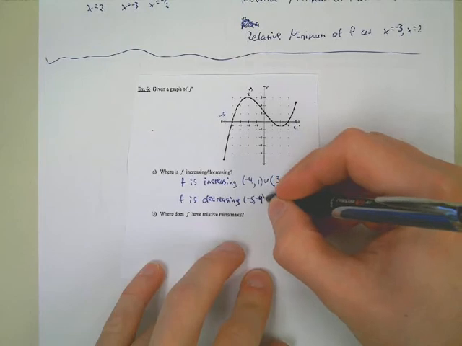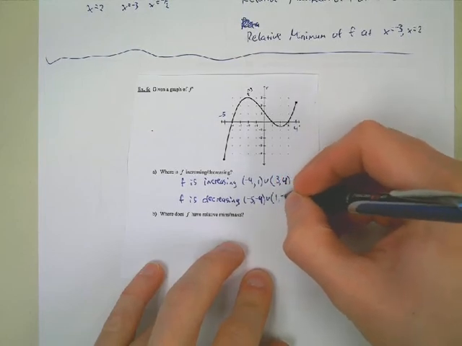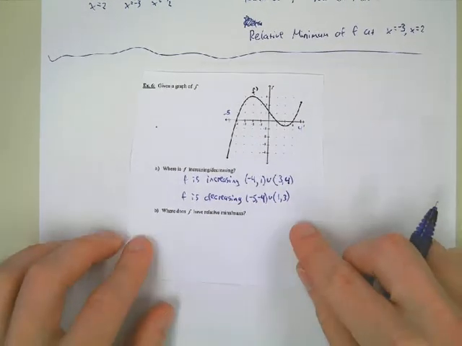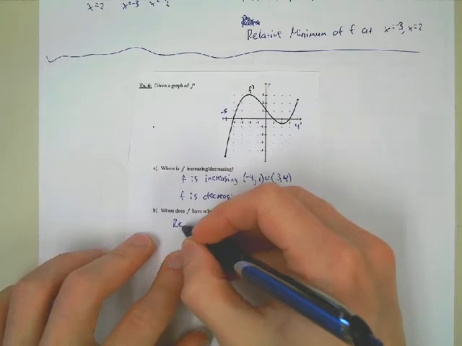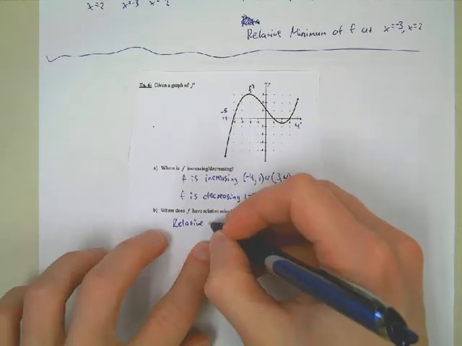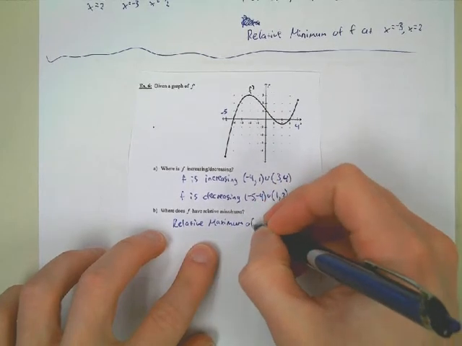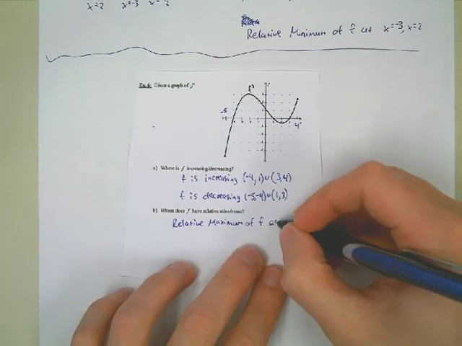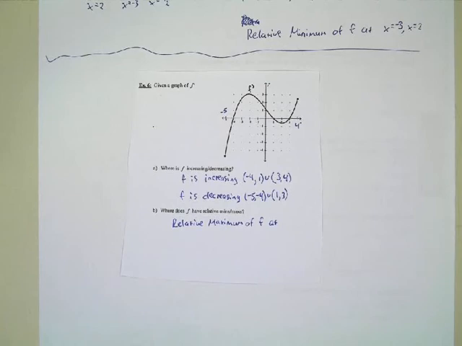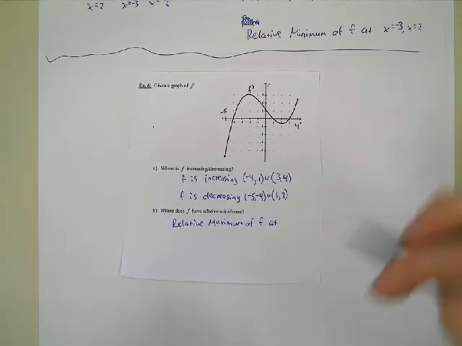Right, so relative maximum of F, at what x values do we have a relative maximum? How do we determine relative maximums? It's when the derivative changes from positive to negative. Where in my graph here does the derivative change from positive to negative? At 1, and that's it.